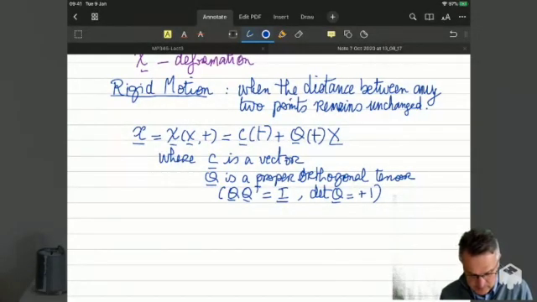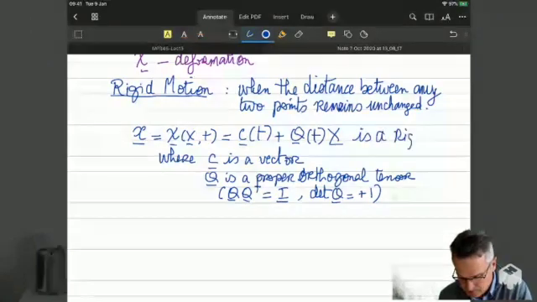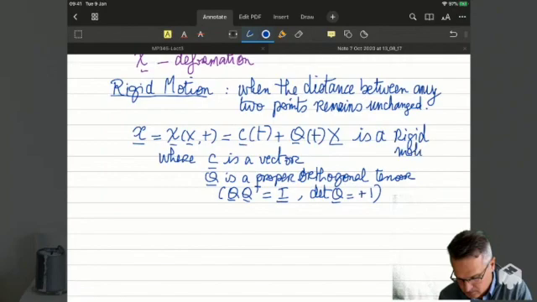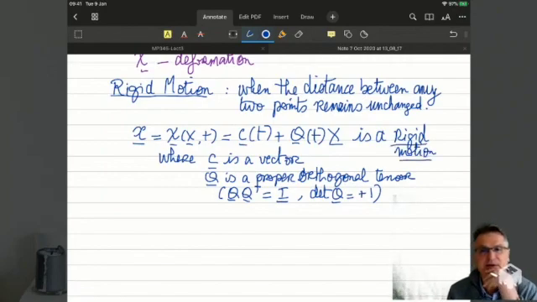So this motion I just defined above is a rigid motion. And you can guess that just by looking at it. c is just going to be a translation. Every point is going to move to x plus c, so it's just translated by vector c.